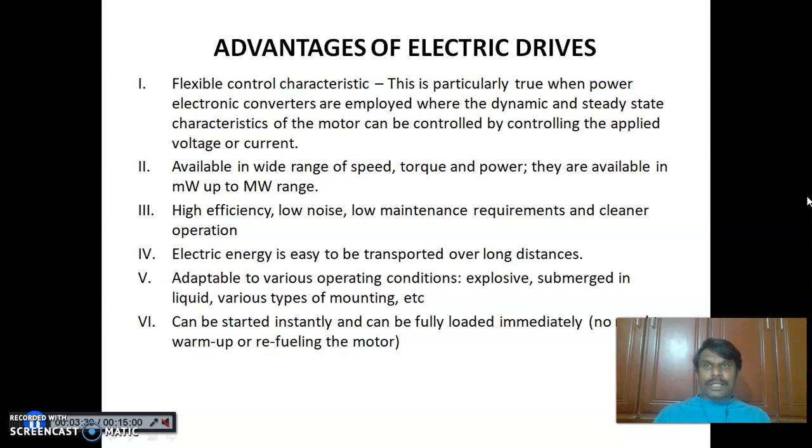What is the advantage of the electrical drive? It is the basic flexibility in control characteristics.